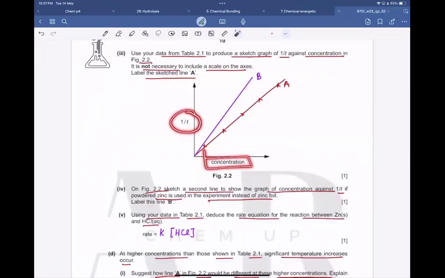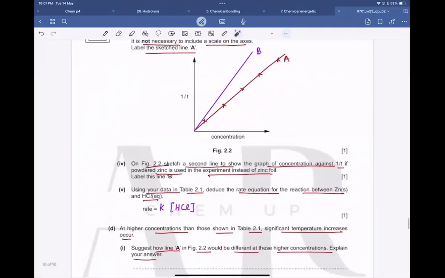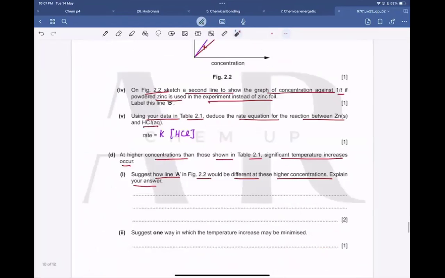But if you read this, at a higher concentration they are saying that if you use an even higher concentration, there is a significant increase in temperature.